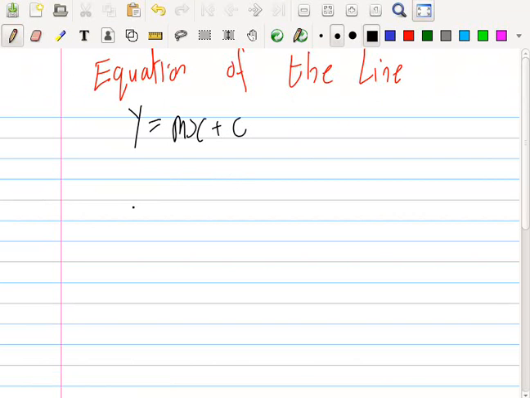Right, so the reason we write it like this is because number one, it's easier to draw, and number two, the m and the c have special names. Does anybody know the general name for this m and this c? They're called something special. Slope is the specific name, yeah, but the more general name for both of them.